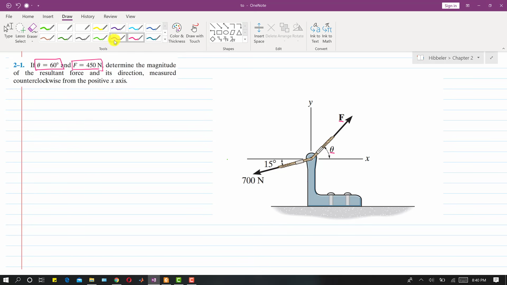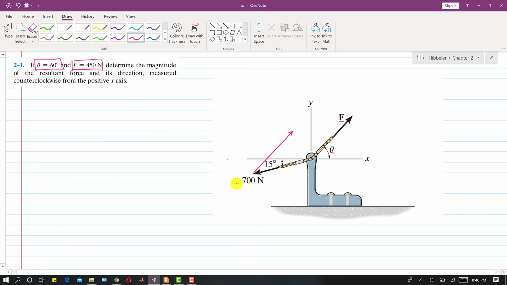Now let's suppose I apply the parallelogram law for vector addition, so I have to draw that parallelogram. Let's suppose I copy this force and place it on the head of this 700 Newton force.